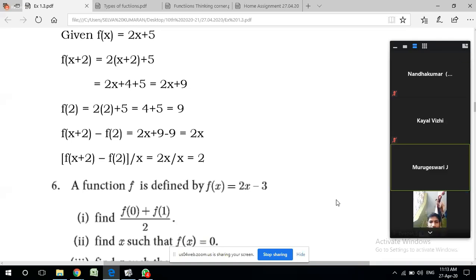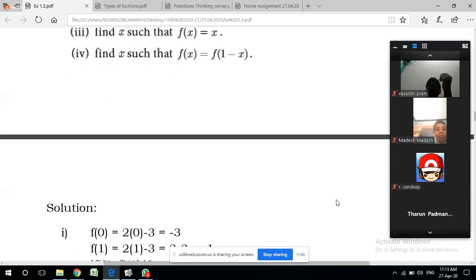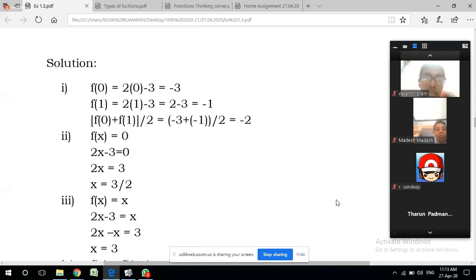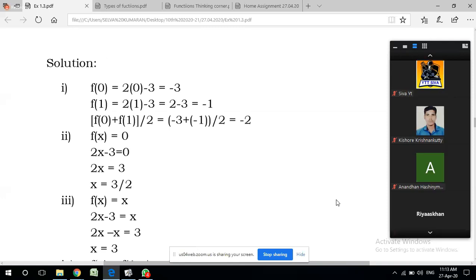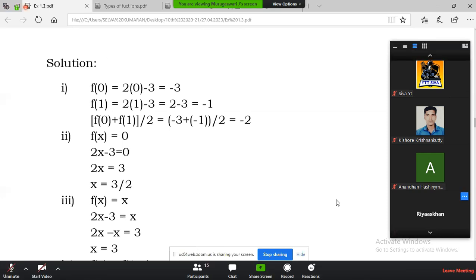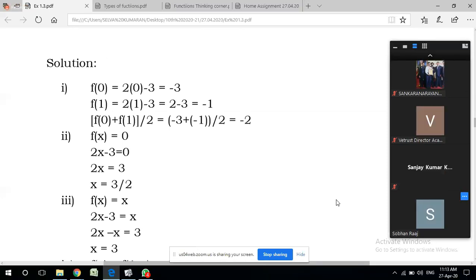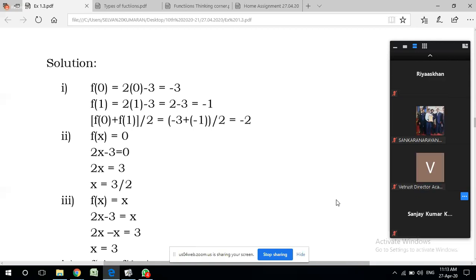Therefore, what is the value of x? 2x equal to that minus 3 goes to the other side as plus 3, and then multiplying 2 goes to the other side as division. So what is the value for x? That is 3 by 2. Okay, so same method, same way you can write third subdivision also.